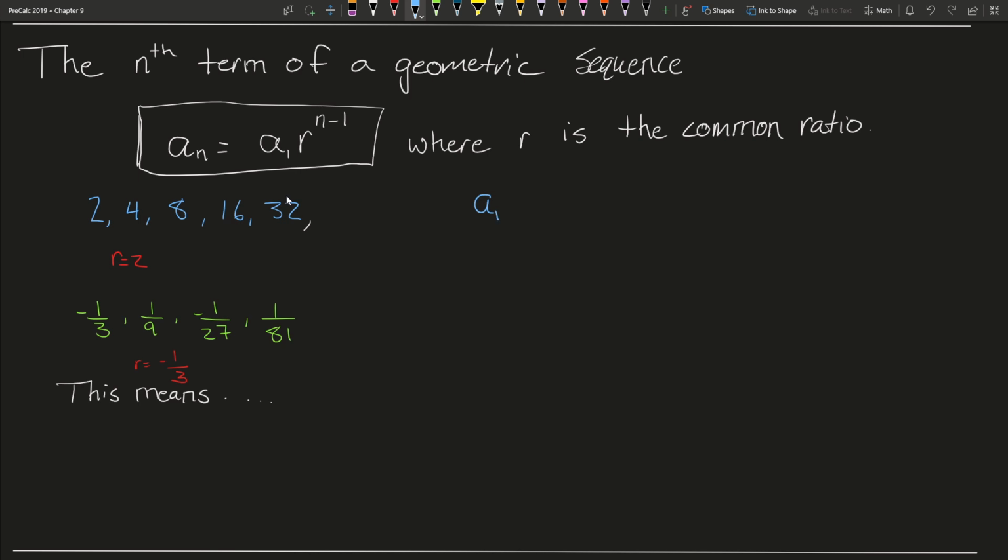The nth term is equal to our first term, which in this case is 2, times our common ratio, which is 2, to the power of n minus 1. And then that's it. All this is doing is substituting in things that we know, and then that's our equation.